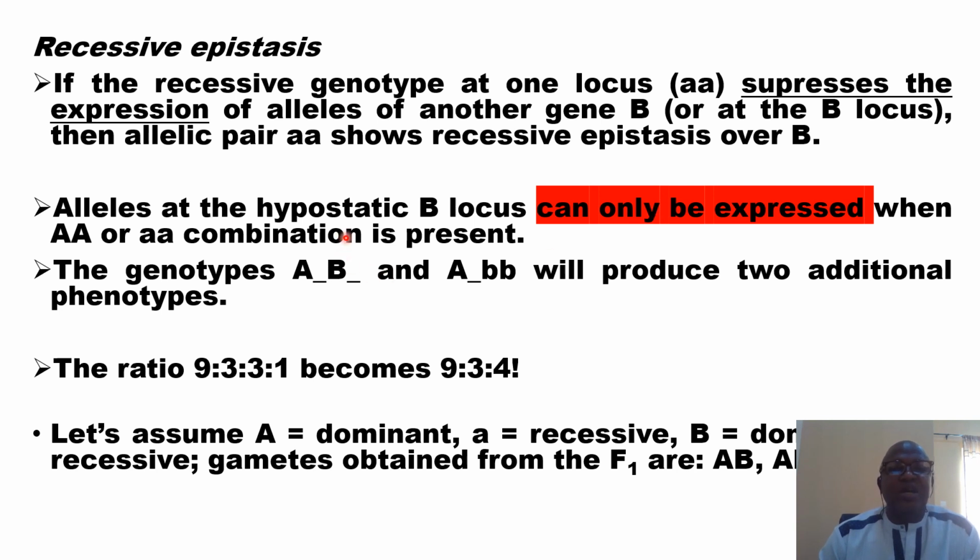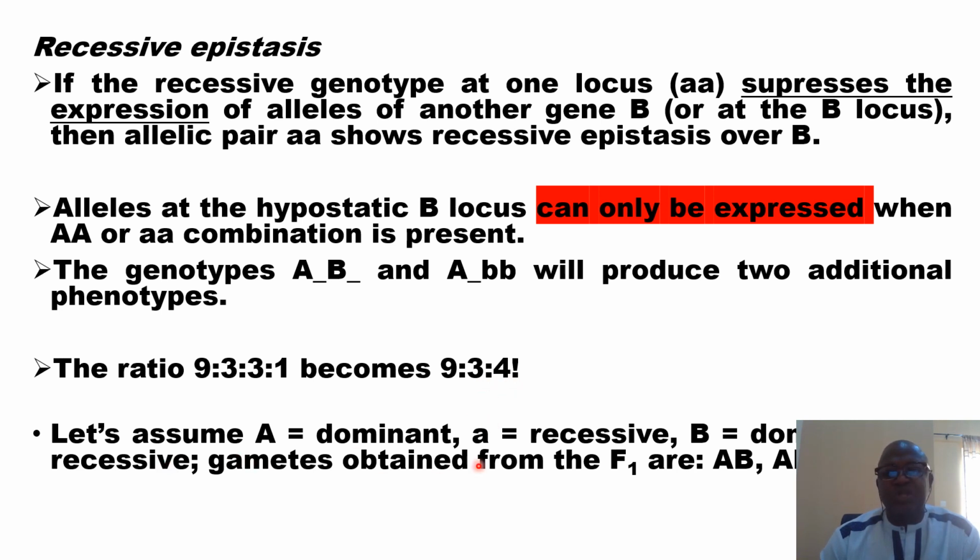So alleles at the hypostatic B locus can only be expressed when capital A is present. Because of the genotype, this and this will produce two additional phenotypes. And this ratio 9:3:1 becomes the ratio of 9:3:4.